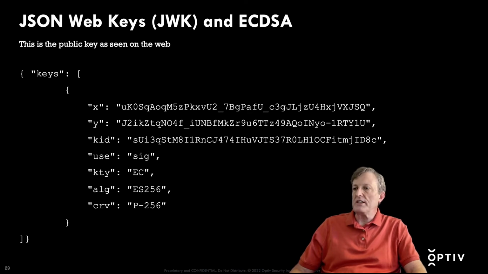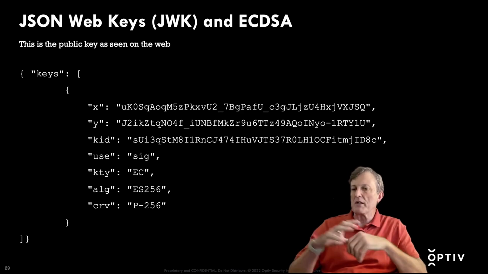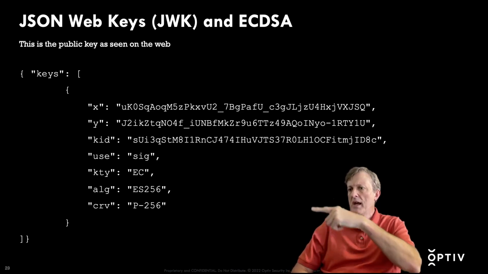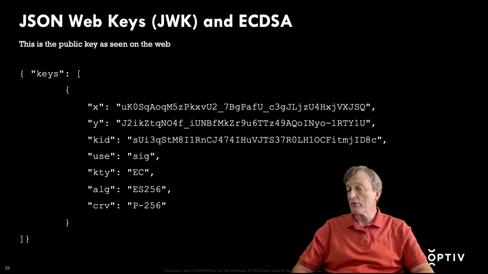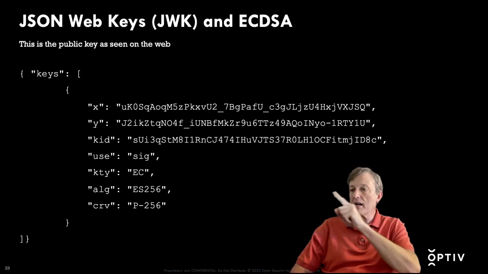So what are those keys, those JSON Web Keys? They look like this. Unlike the standard keys that are usually a giant blob of hex, a JSON Web Key for the ES256 algorithm has a more descriptive format, where you actually see this is an elliptic curve algorithm, so it consists of a point, an X and a Y, on an elliptic curve.